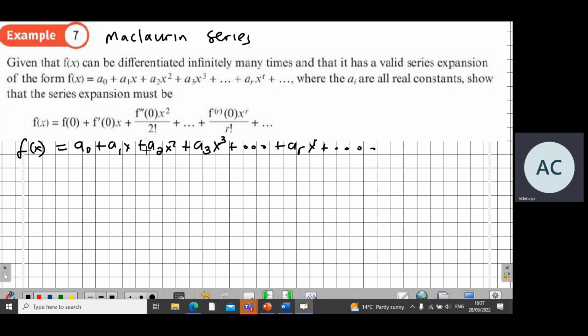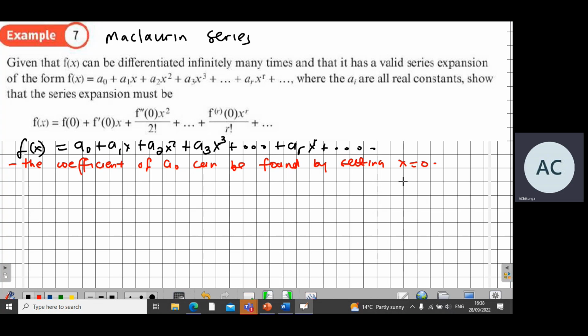The understanding behind this is the coefficient of a naught can be found by setting x is equal to 0.